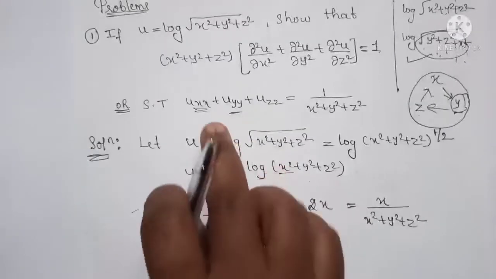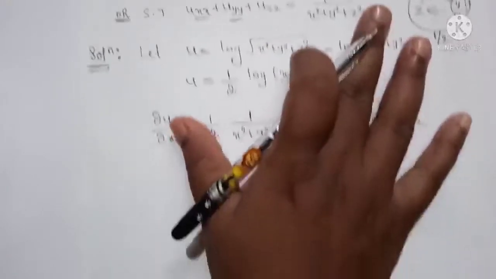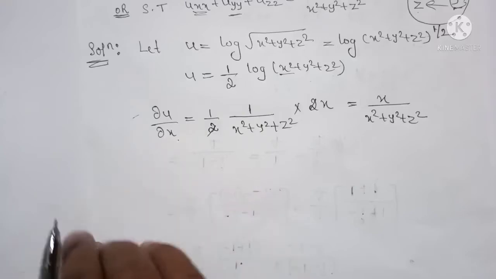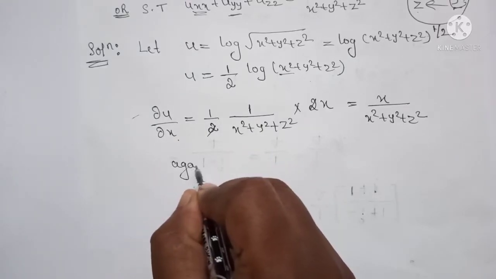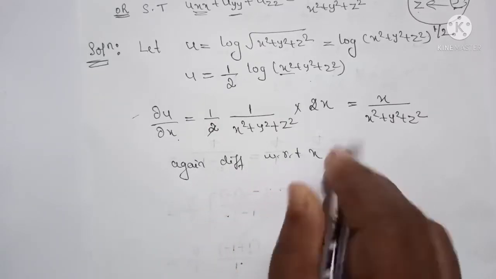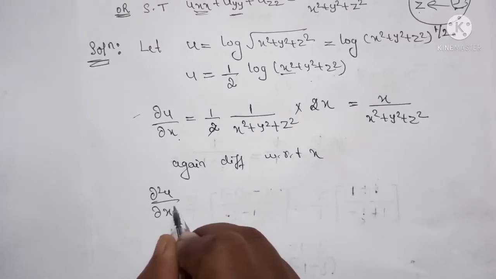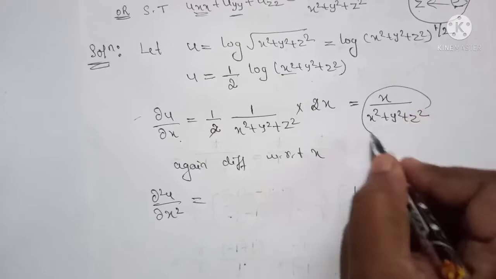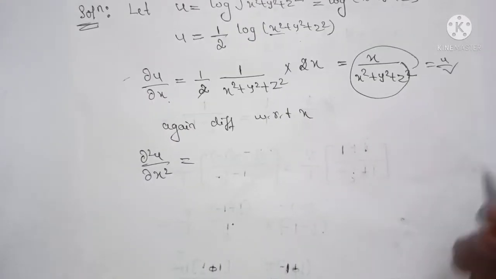In the proof we need u xx, or dou square u by dou x square. Already we have dou u by dou x, so again differentiating with respect to x itself, we get dou square u by dou x square. We have to differentiate this one with respect to x, which takes the u by v formula.